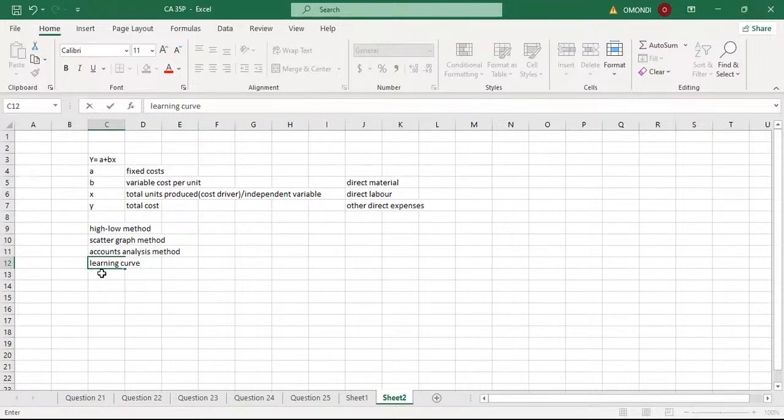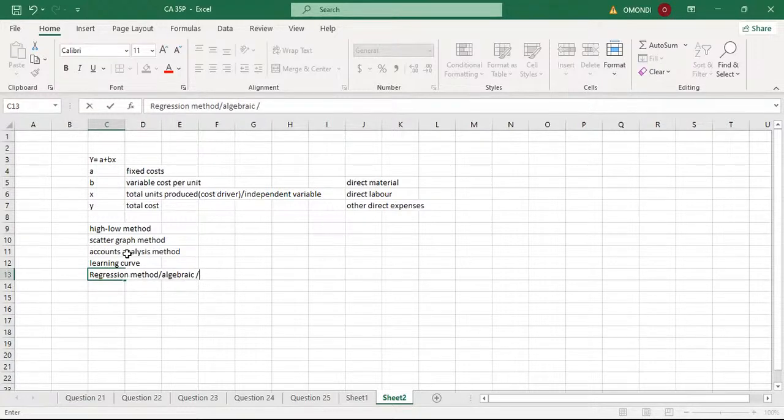We also have learning curve, which I think is now covered in the advanced level. We also add regression method. This regression method here has another name, that is algebraic method.